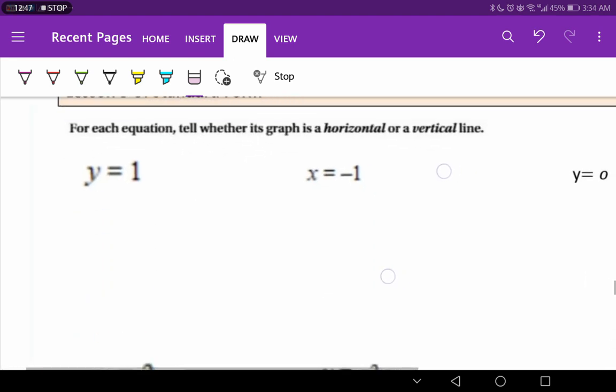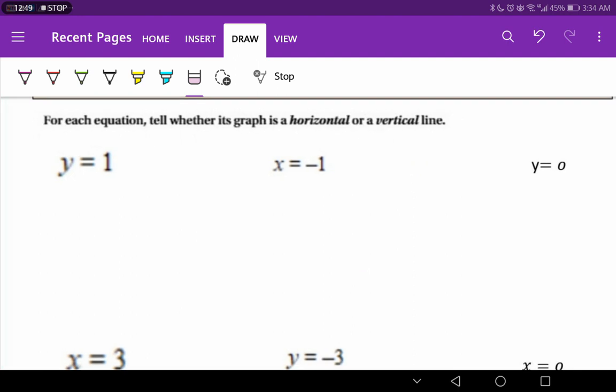Here he asked me for each equation to tell whether the graph is horizontal or vertical. By the way, horizontal means this, and vertical means from up to down.